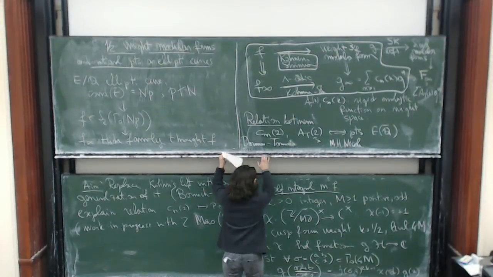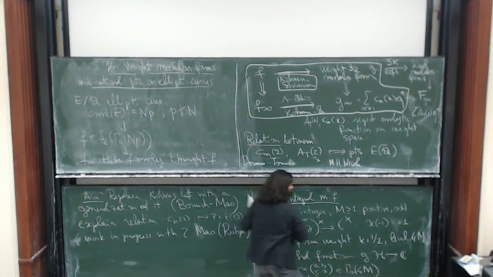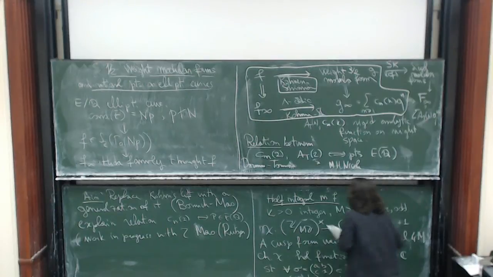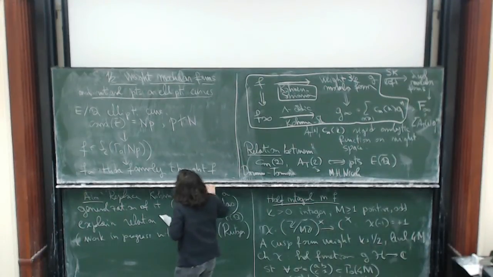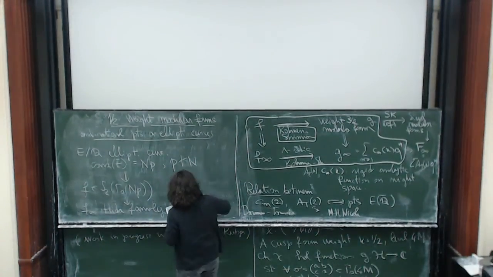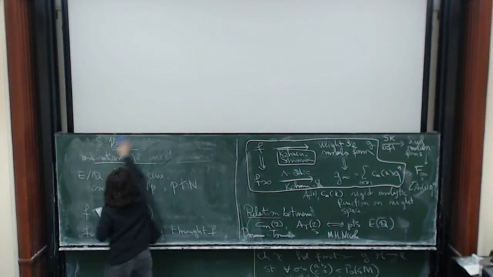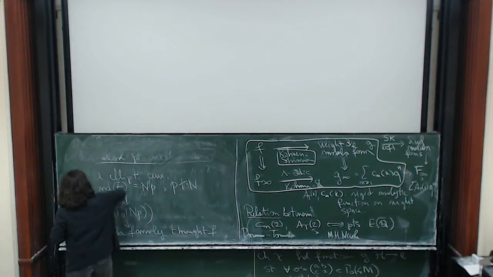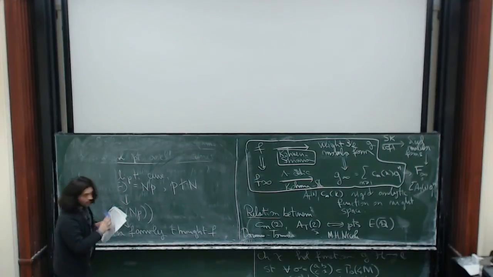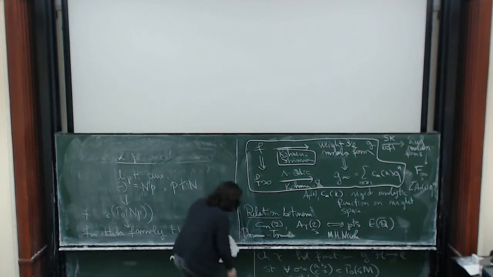So the transformation rule essentially says that this is transforming as a power of the transformation formula for the theta function.